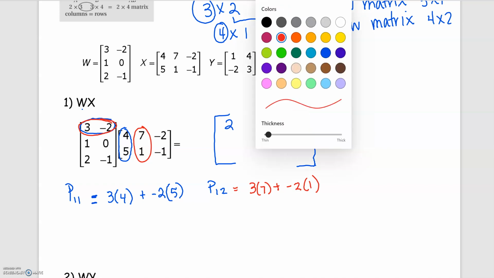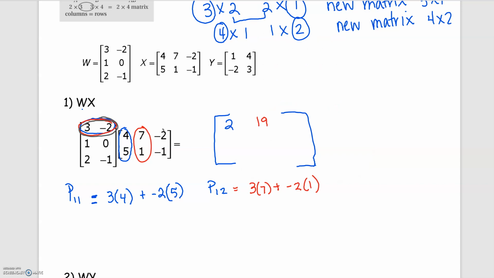Then I'm going to have my first row again, this time times the third column. So I'm going to do 3, that's first, times the top number, first in that column, plus my second number in that row and my second number in that column. So that's -6 and 2, -6 plus 2 is -4.